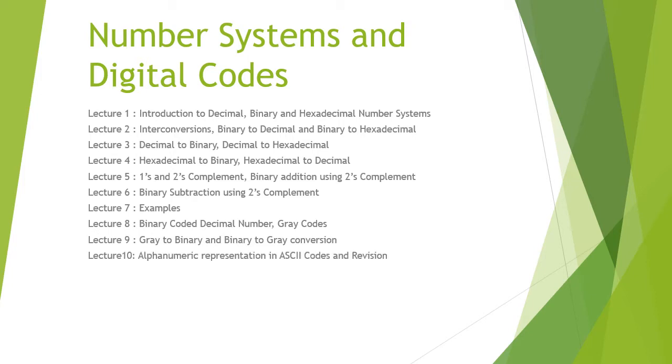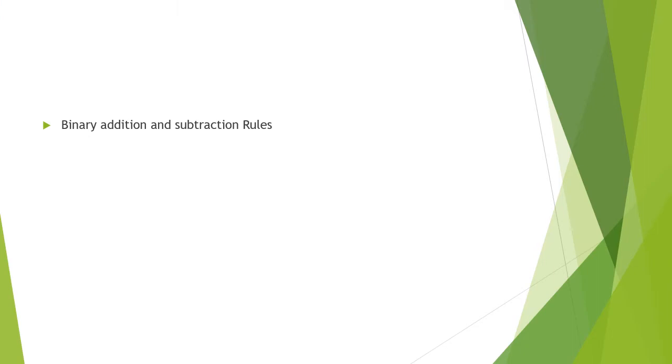But here, instead of starting the binary subtraction using ones and twos complement, first of all, I am going to discuss the binary addition and subtraction rules. And we will see some examples of binary addition and subtraction.